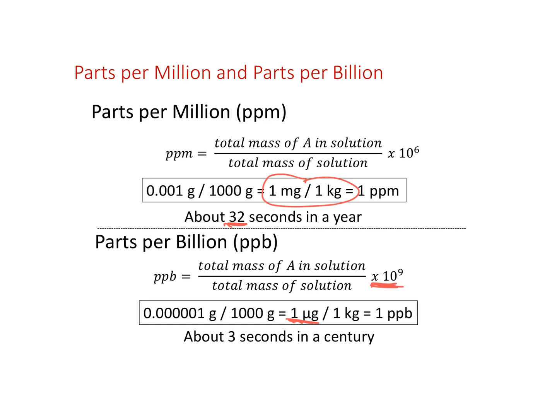And so this is something now on the scale of 3 seconds in a century, right? An incredibly small amount. But if we're talking about something that's dangerous, poisonous to us or toxic, hazardous that we do not want to be exposed to, often that small amount is more than enough, right? So even though it seems like not a lot, sometimes things on the parts per million and even parts per billion scale can be dangerous.